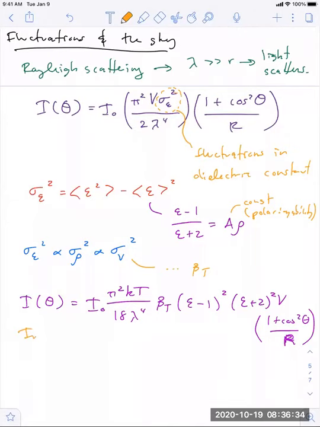So then we integrate this to determine the total intensity of scattered light. So this is a function just for a given angle of incidence theta, but we need to look at all angles. So we kind of integrate over the sphere.